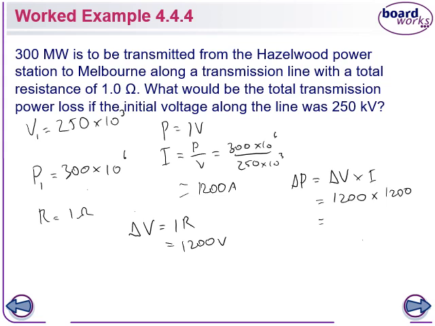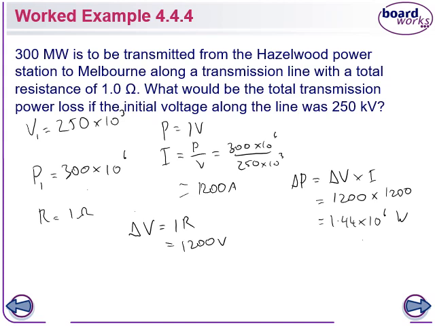So what is that? 1.44 times 10 to the 6. So there we've got our power loss. 1.44 million watts we've lost in that transmission.